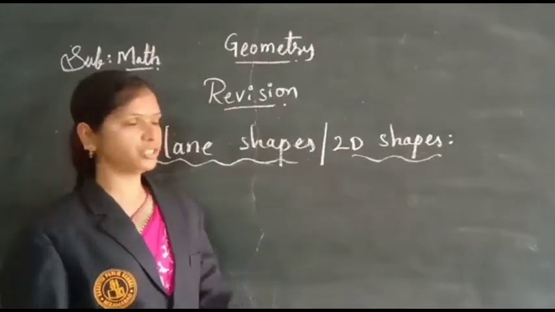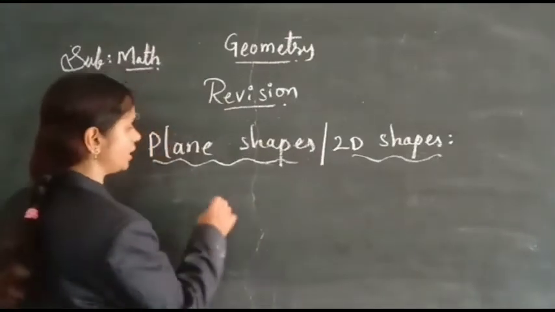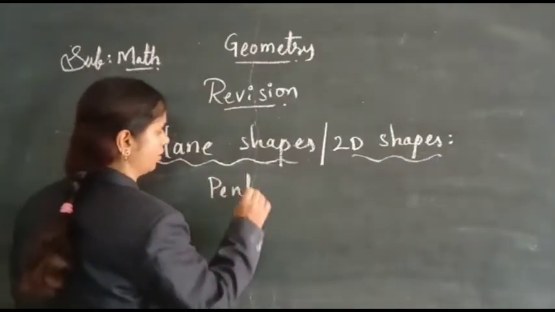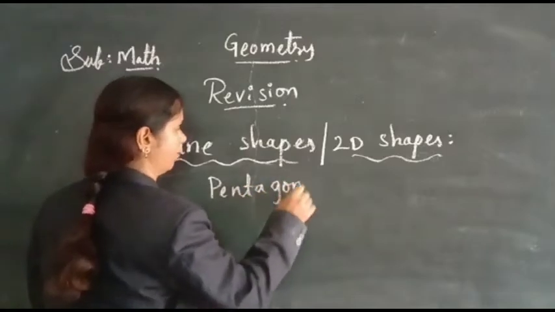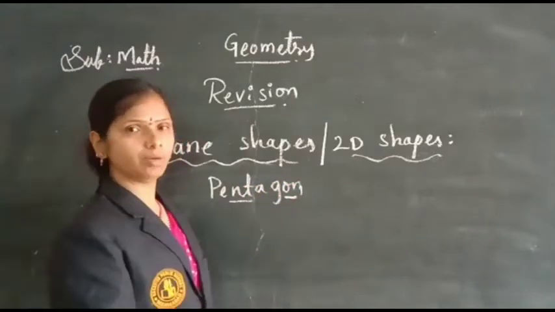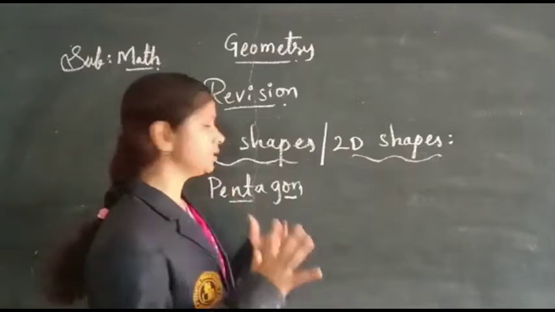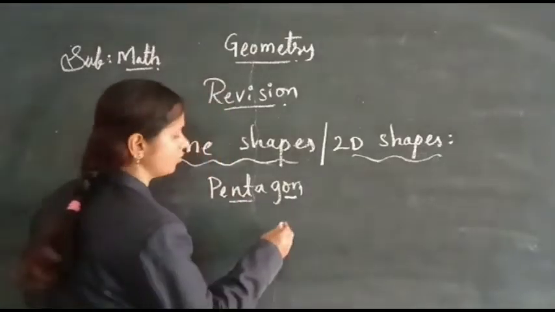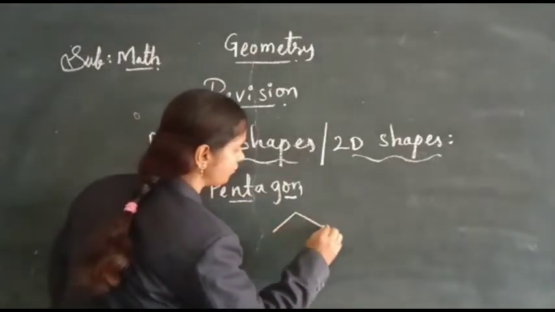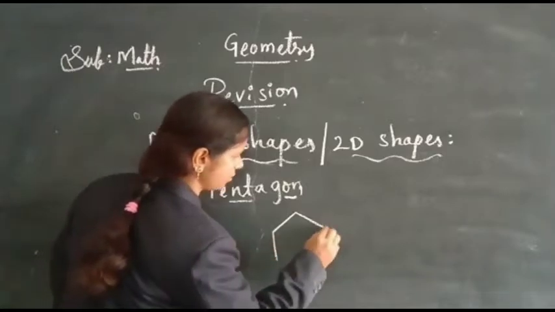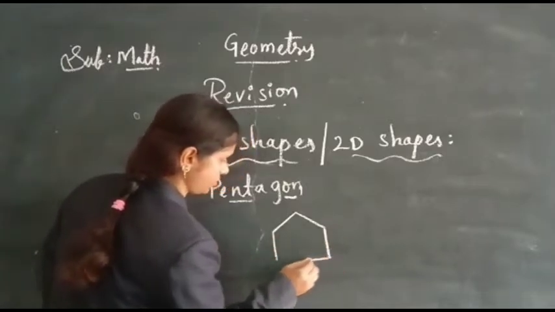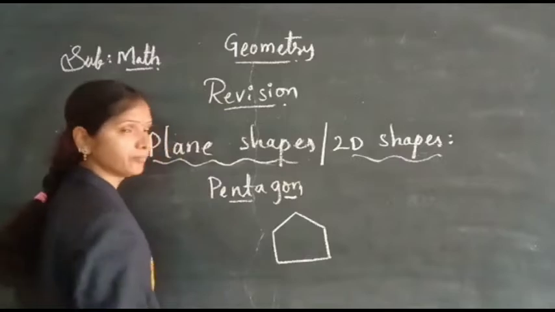Yeah, the next 2D shape is the pentagon, children. Penta means 5, so it is a 5-sided figure. Here you can see a pentagon.